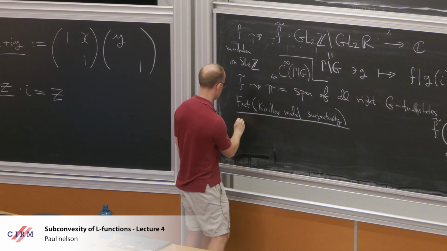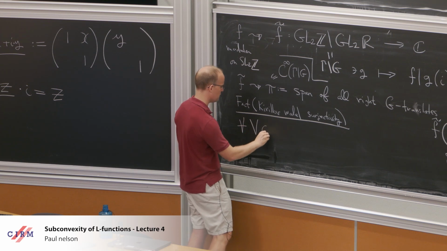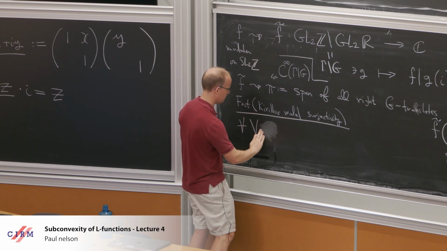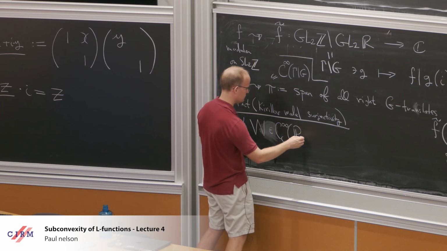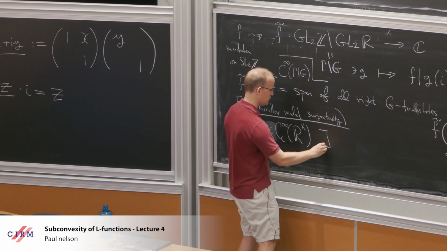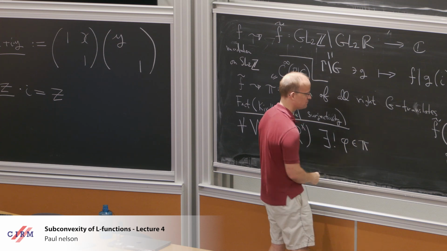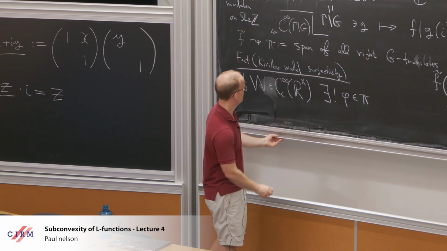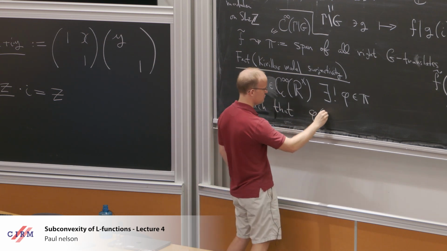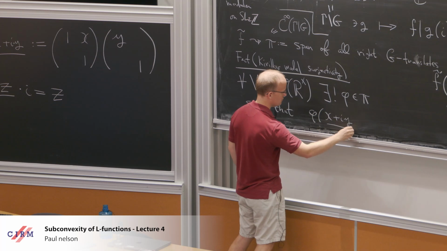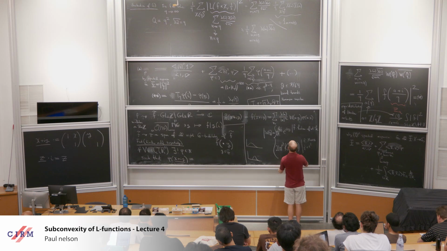It says for all functions, okay, I already have W meaning something over there, so let's say for all functions V, now I'll use the same letter, for all W in C infinity of R star, there exists a unique phi in pi such that phi of underline x plus iy is equal to this right-hand side over here.